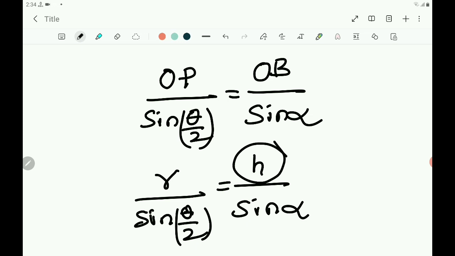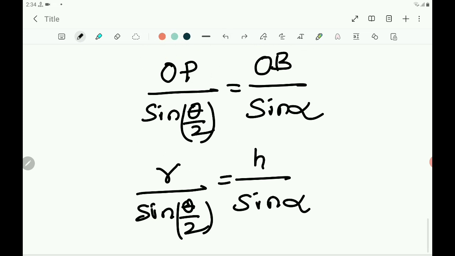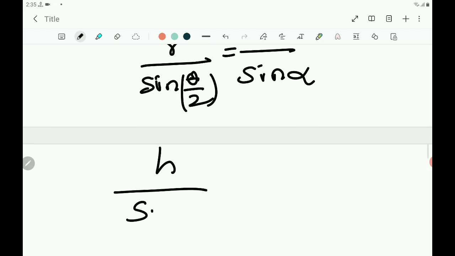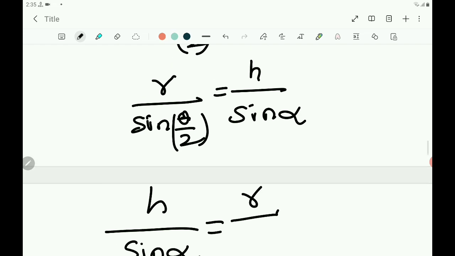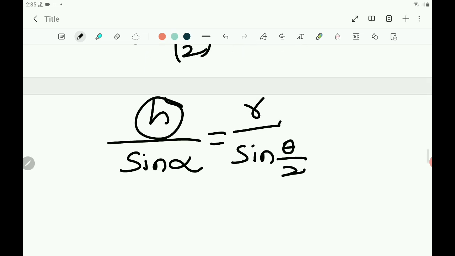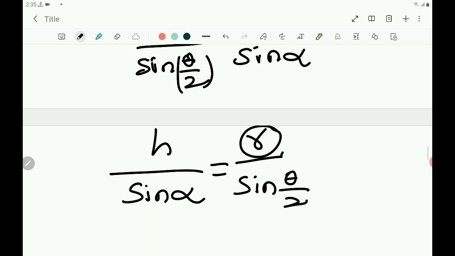Now we have to find the height in terms of R, theta and alpha. So H by sin alpha is equal to R by sin theta by 2. Then H becomes R into sin alpha by sin theta by 2.